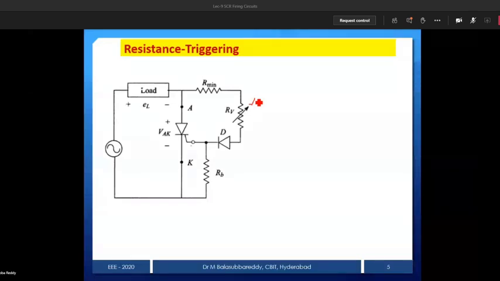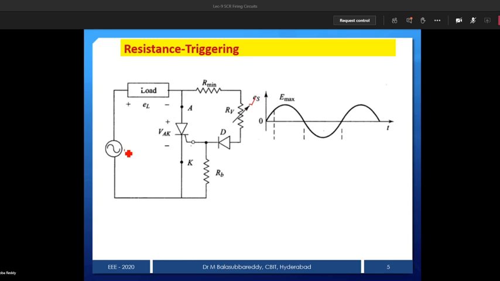Let's start the operation. What is our operation? The input supply is ES. That is the input supply we are giving to the circuit, an AC supply. So if the input is ES, then what is the nature during the positive half cycle? Let's see the positive half cycle. What will happen when supply is given to the circuit?